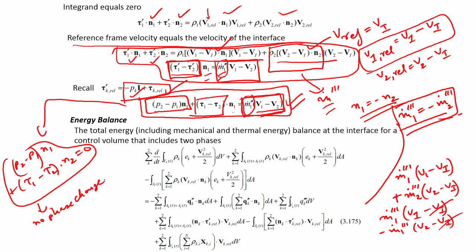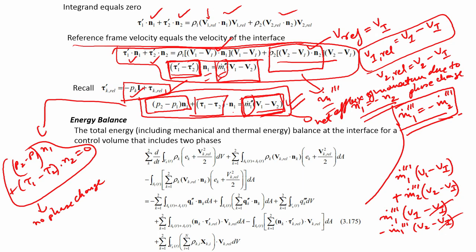So, the difference in pressure across the interface plus the difference in stress across the interface is equal to 0 if there is no phase change. This is the net efflux of momentum due to phase change. So, this concept should be very clear, this is what the equation means.